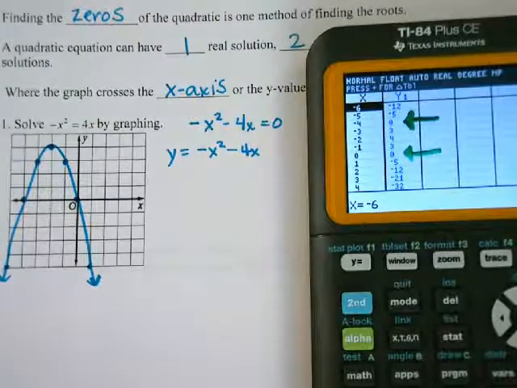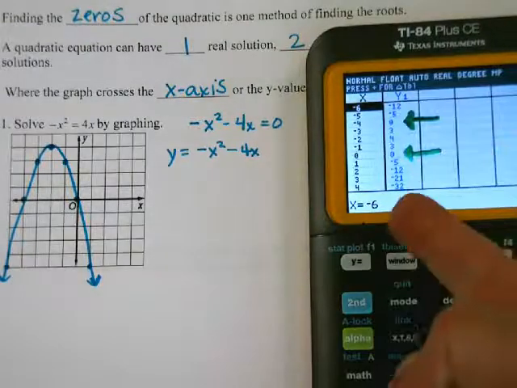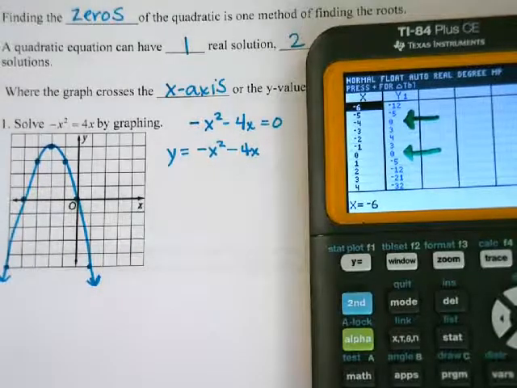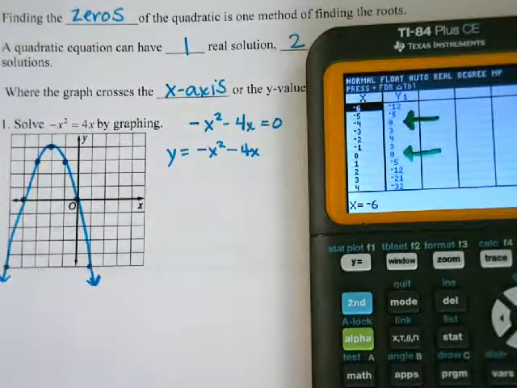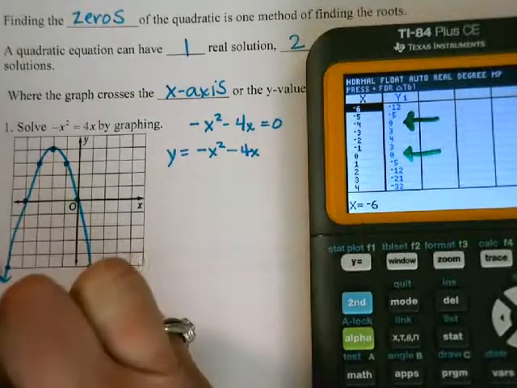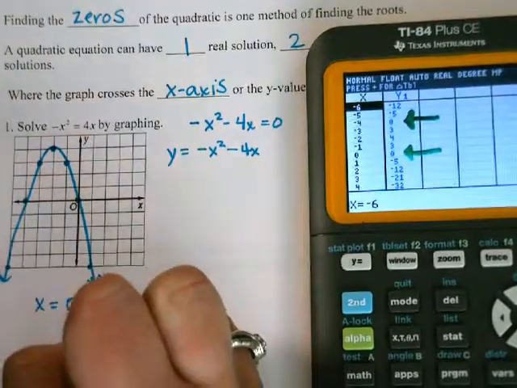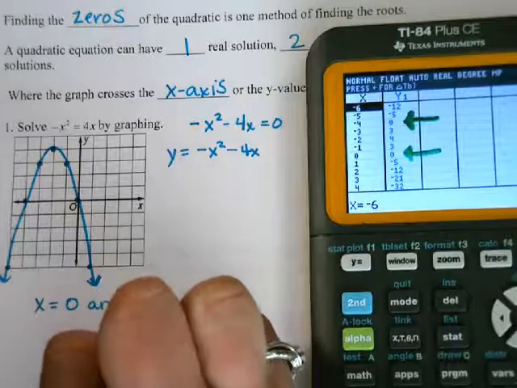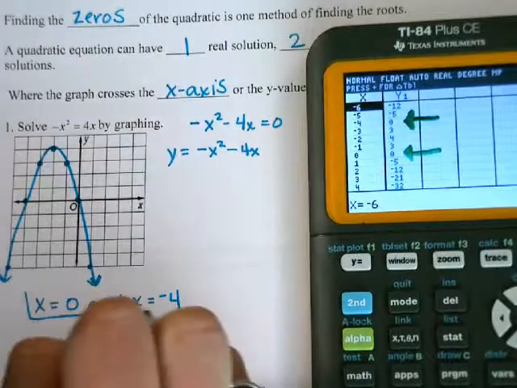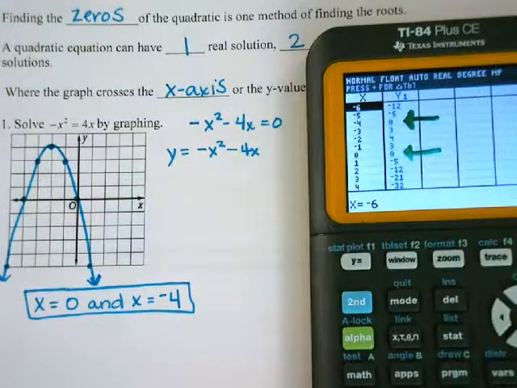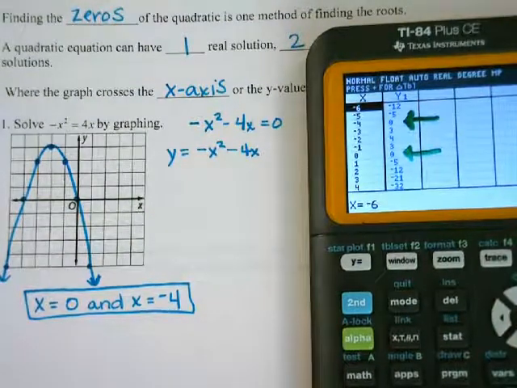See that? So they're calling it the zeros because I'm looking for when my y value is 0. That's the x-intercept. So my solutions are x equals 0 and x equals -4. That's it.